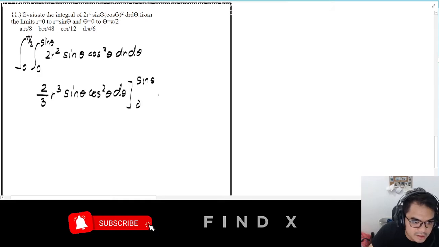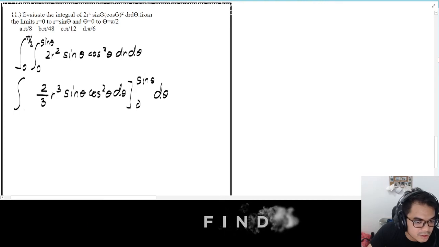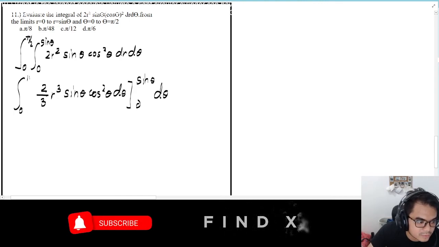We still have an integral for theta, which is 0 to pi over 2.